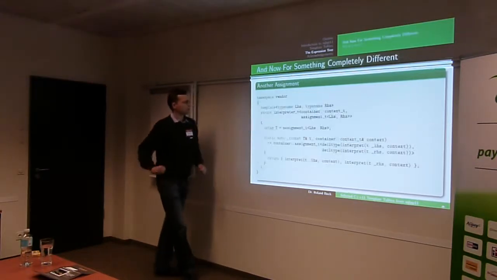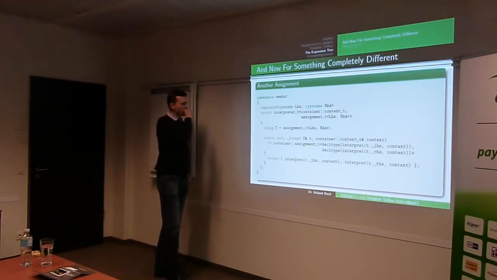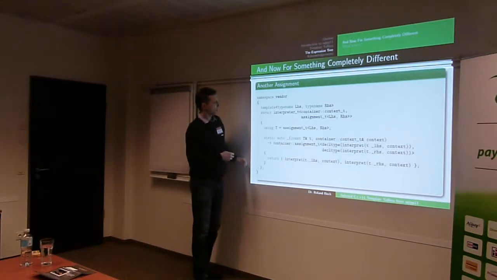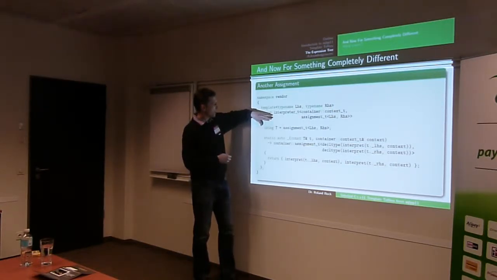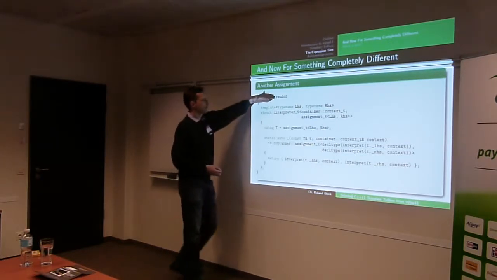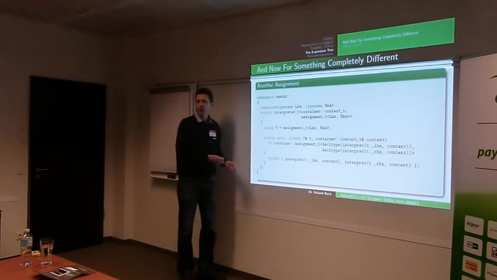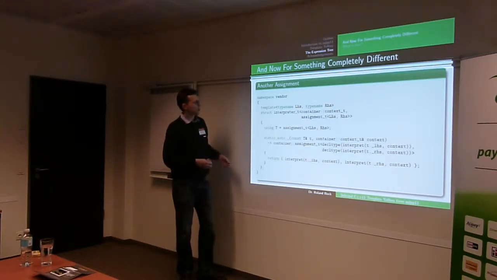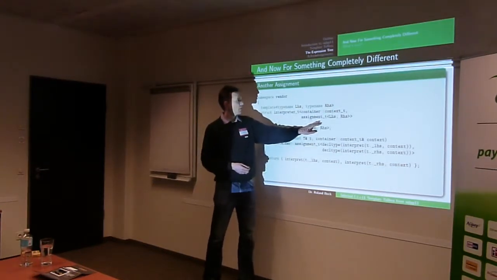Okay, so let's go to the next slide. This is a bit of a guessing game. This is an interpreter class, which is called by the interpret function or serialize function, whatever you want, and it's specialized for a certain container and an assignment.